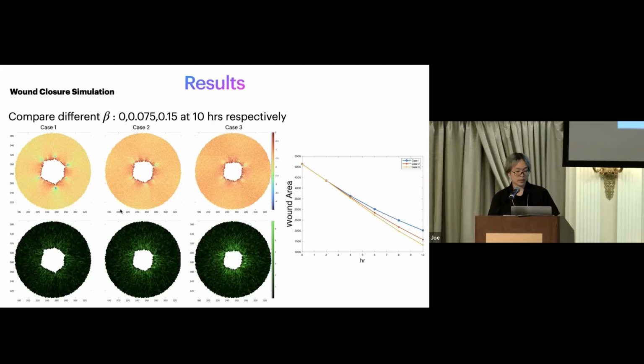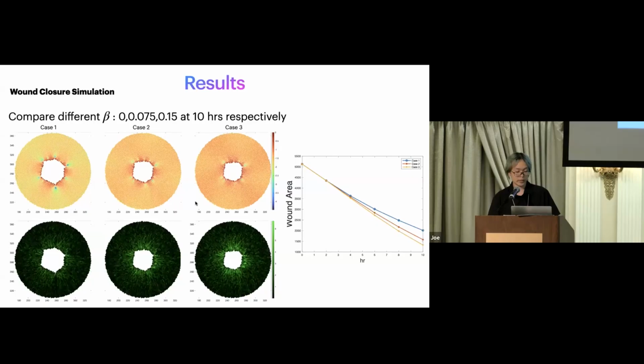And another interesting thing is that the shape of the wound for the less fluid one is not really circular. So it kind of matches what we see in the MDCK cell videos, compared to the ones with some positive beta, which are more circular.